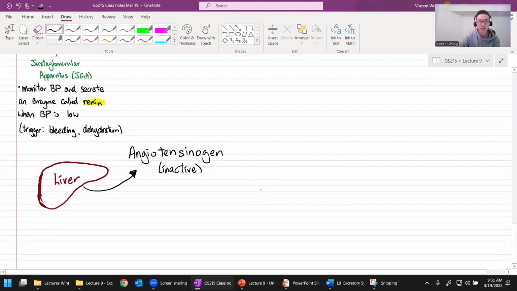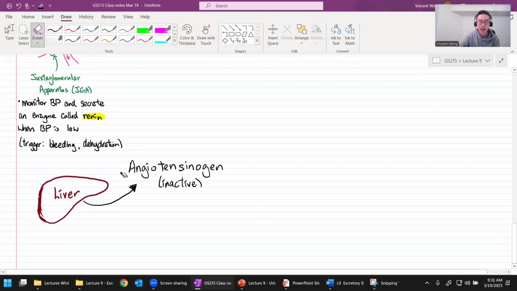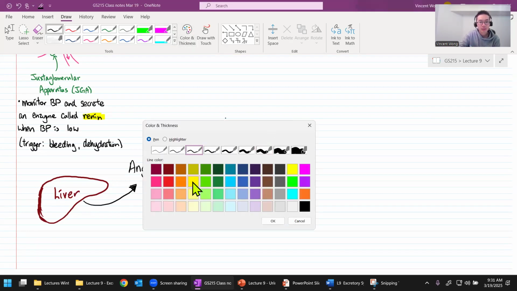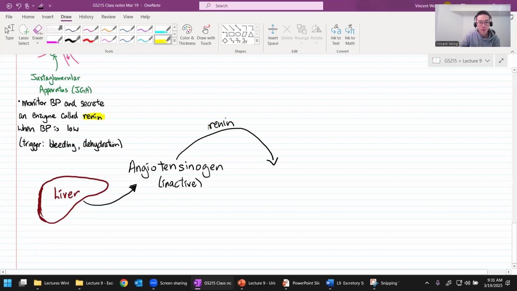So you have angiotensinogen circulating in your body right now, but it's not activated, unless you are suffering from low BP, in which case you shouldn't be in class anyways. But if you have low blood pressure, then the angiotensinogen will get activated by renin. You don't have renin unless you have low blood pressure.